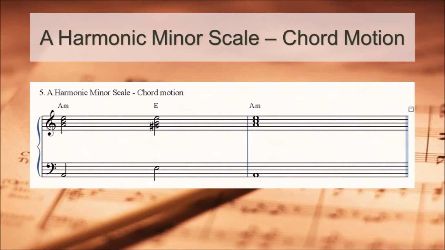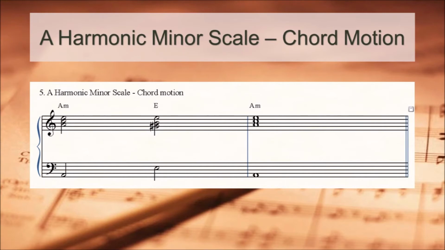Okay, now here's the A harmonic minor scale, but this is the chord motion out of that scale. Now you see we have an A minor tonic chord, an A, a C, and an E. That's the tonic chord from the A harmonic minor scale.